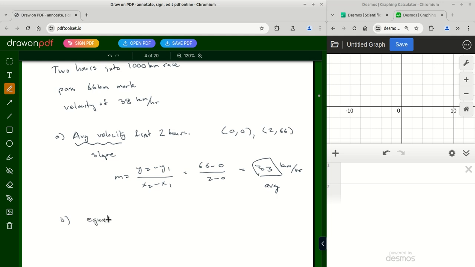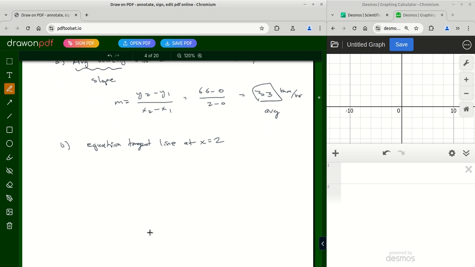Okay, part B says find the equation of the tangent line at x equals 2. So what does that mean? I got it wrong. I went and got it wrong because I just did not know what was going on. They're following this cool little formula for lines. It's been a while, but there you go. There's your formula.